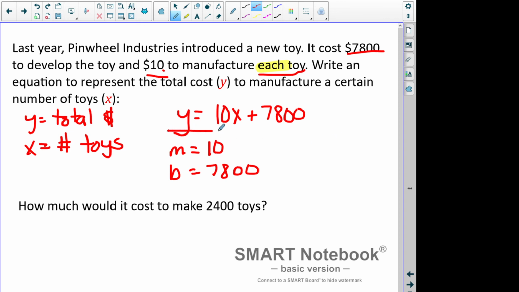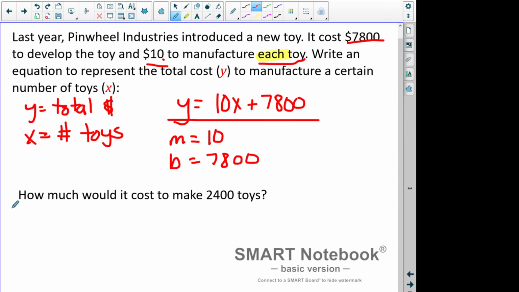All right, so there's my equation, and then they just ask how much would it cost to make 2,400 toys. So I would just plug that in for x, right? This is 2,400 toys, so my x is going to be 2,400. And so I would have y is going to be 10 times 2,400 plus 7,800.